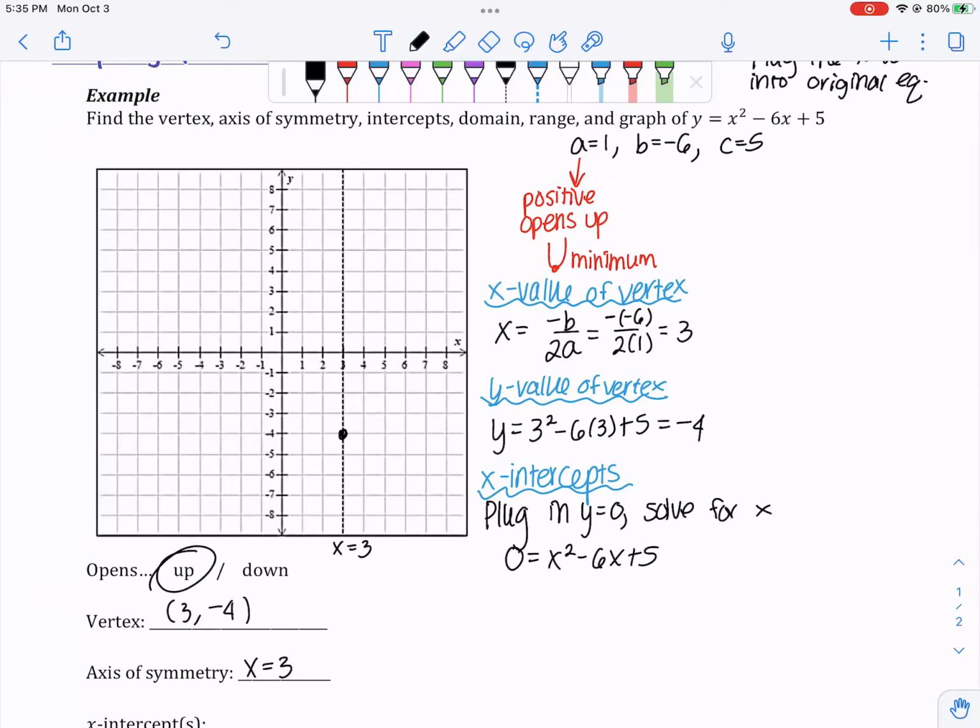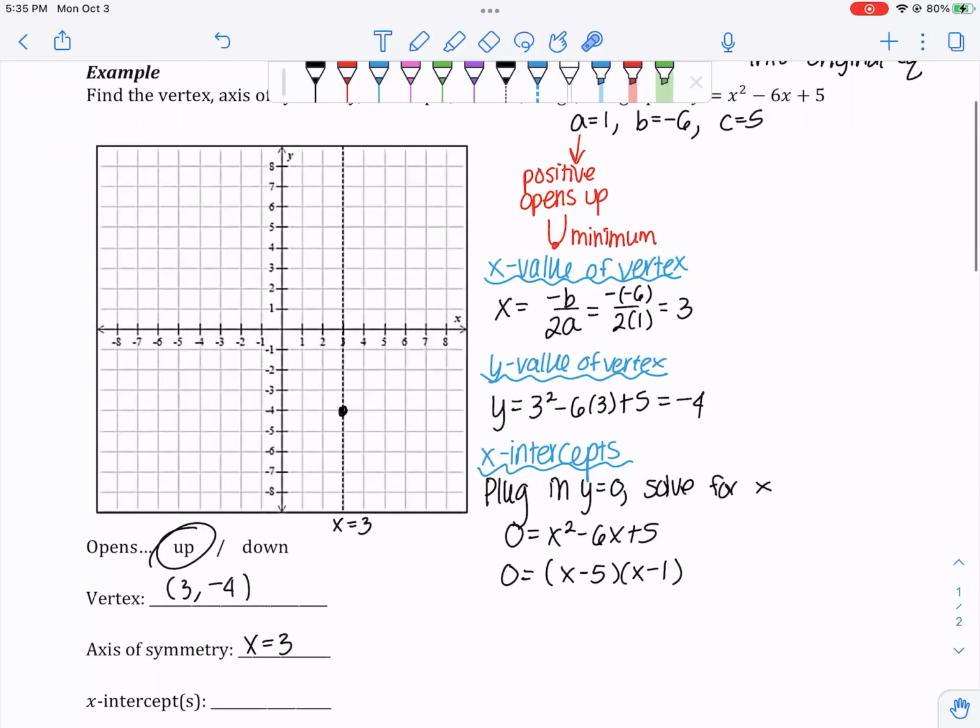This thing factors nicely, so I'm just going to factor this one. So this is x minus 5 times x minus 1, factoring this quadratic right here. And using the zero product rule, we're going to get x equal to 5 and x equal to 1. So there are x-intercepts at 1 and 5. I can plot those.